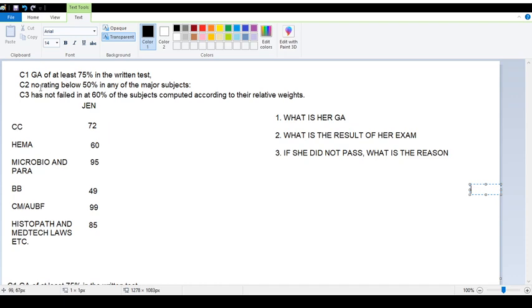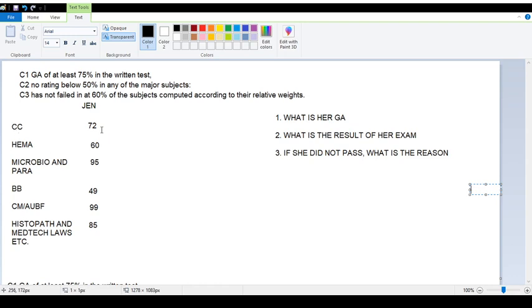Criteria number two, that is no rating below 50% in any of the major subjects. Therefore, we have here the four major subjects, that is CC (clinical chemistry), hematology, microbiology and parasitology, and blood banking. So you have to identify what the major subjects are.